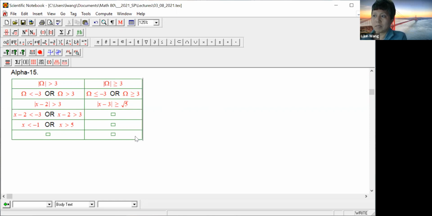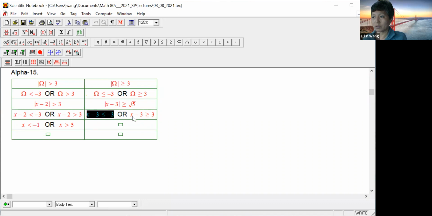Okay. In this other one, same thing. Understand the idea? So this omega now is x minus 3. I'm just creating these random examples, okay? So x minus 3. And then the next line, I'm going to solve these two inequalities respectively, but understanding they are connected by OR.